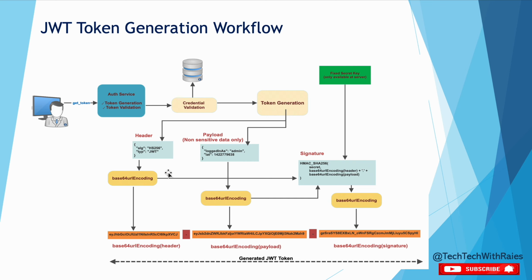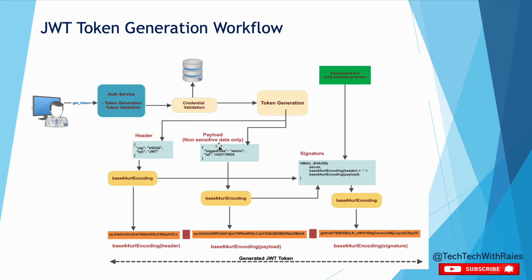Next, this header is base64 URL encoded. So it returns something like this. If we encode this header in base64 URL encoding, we get something like this, and the same thing we supply to the signature.